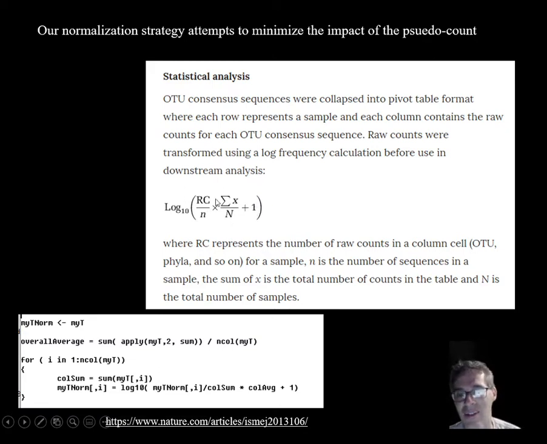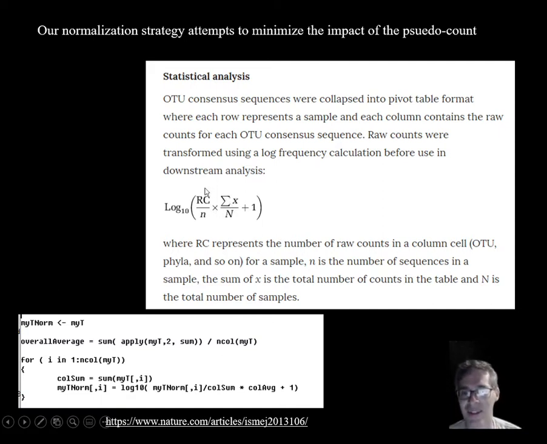We can't take the log of 0, so we have to add some value before we log normalize. So in order to make the pseudo count work equally for all samples, we switch to relative abundance. Each cell in the spreadsheet is changed to relative abundance, and then we multiply by the average number of sequences per sample.